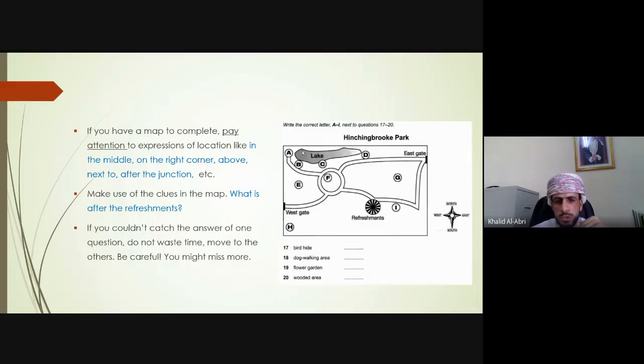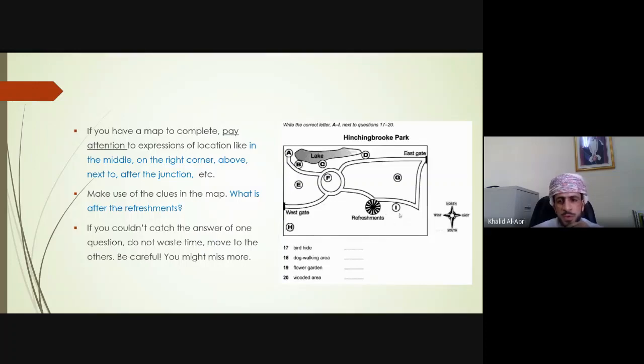And you need to make use of the clues available. Here we have clues in the map. We have refreshment, and we have lake, and we have here this roundabout or circle. So anything that is close to, nearby, etc., he will mention them, then you will be able to tell whether it is any of these options.